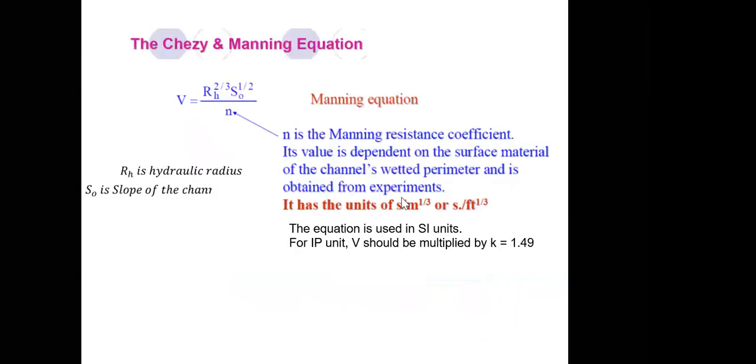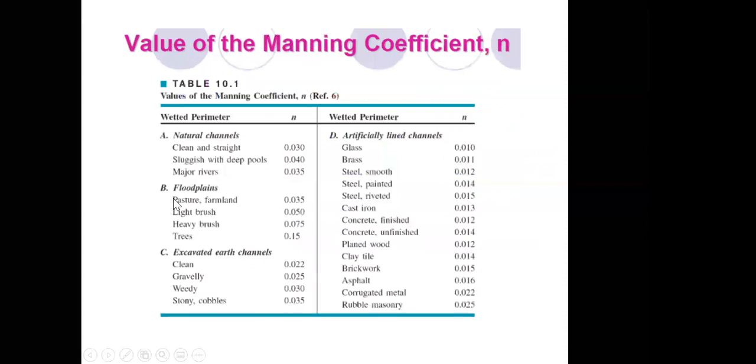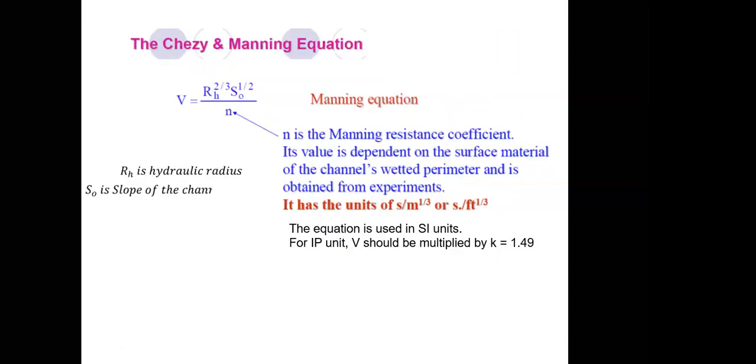Okay. Now this is a different topic. It's called the Chezy-Manning equations. This is used to estimate the velocity if you know the flow characteristics.